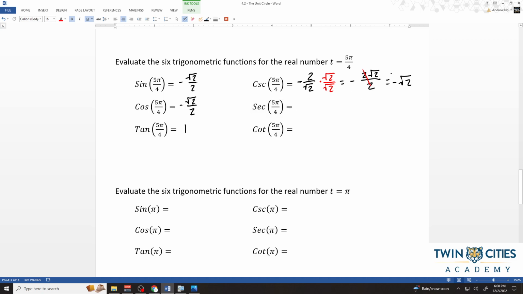I know that this is also going to be negative square root of 2. And lastly, the cotangent. Well, this tangent I can think of as 1 over 1, because that's 1. So if this is 1 over 1, when I flip that upside down, it's still going to be 1 over 1. So just 1.